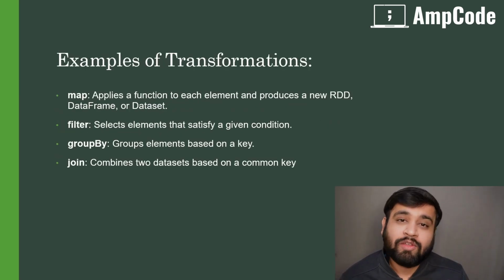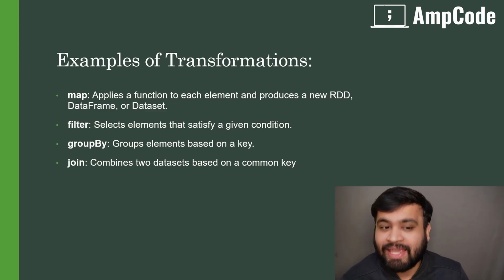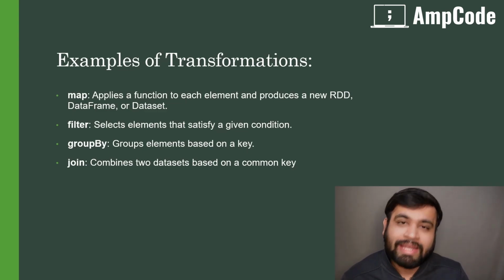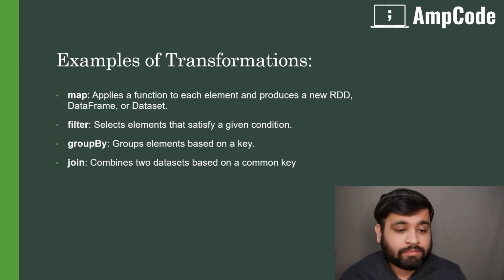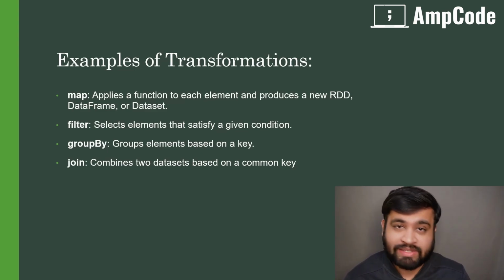There are different types of transformations. The first one is the map transformation. This map operation is very popular in the RDD API, which is the core API of Apache Spark. It applies a function, so you can pass your predefined function inside the map to each element and it will produce a new RDD. Or else, you can also provide a map function to a data frame or dataset as well.